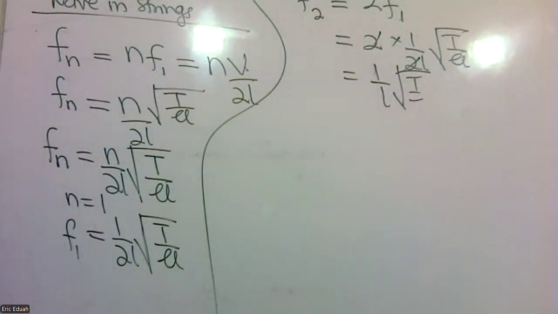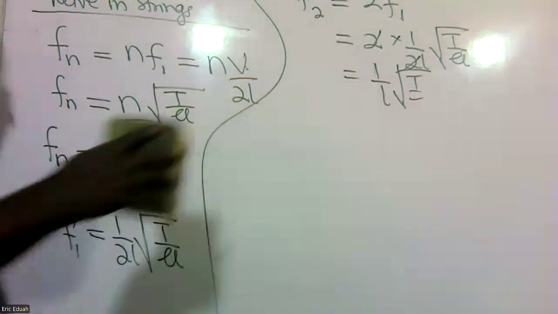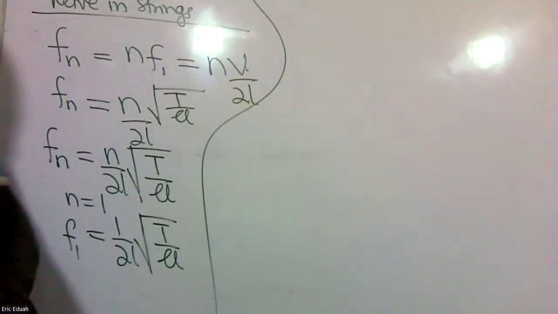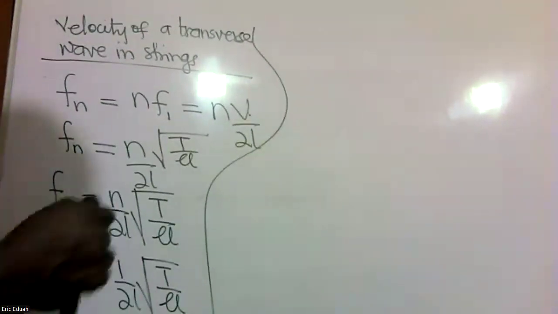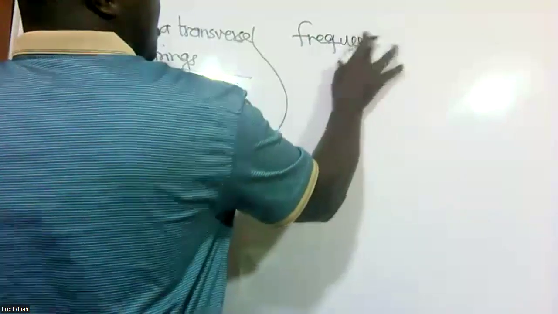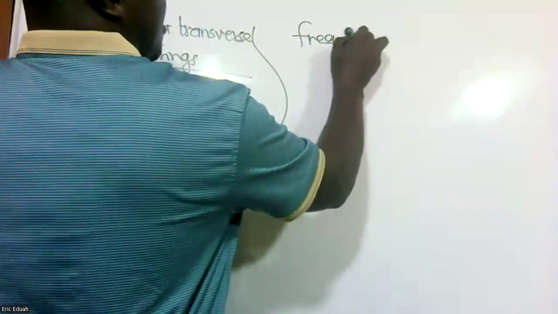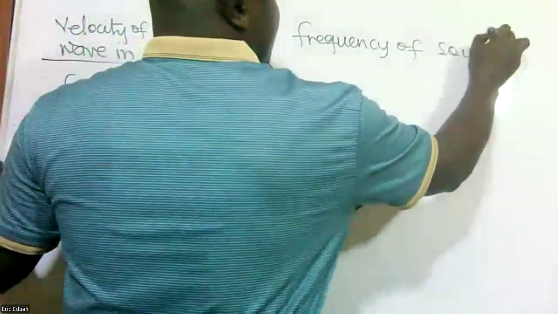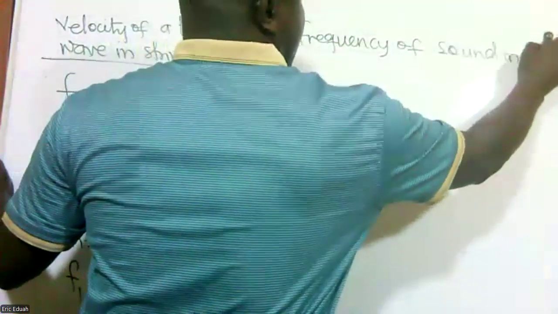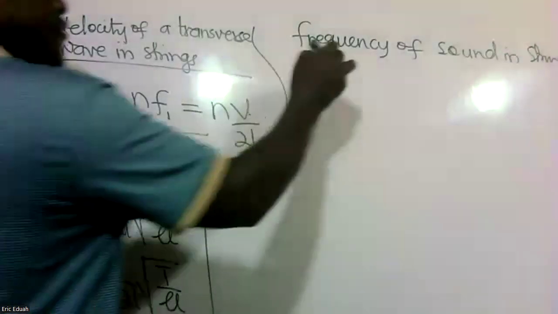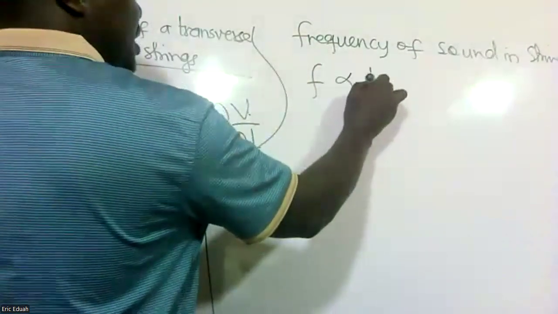So generally, we can also say that the harmonics, the frequency of sound in strings, F, is inversely proportional to the length of the string.